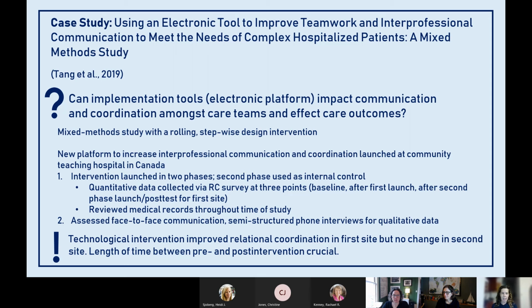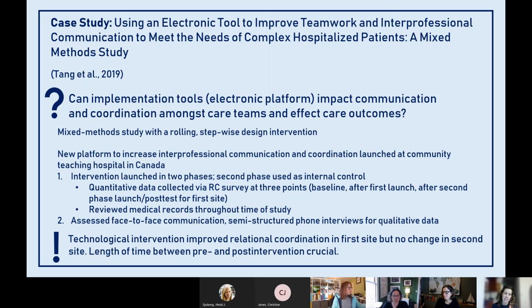This study was set at a large community teaching hospital in Canada. Researchers were implementing a new platform designed to enhance interprofessional communication and coordination throughout internal medicine wards.